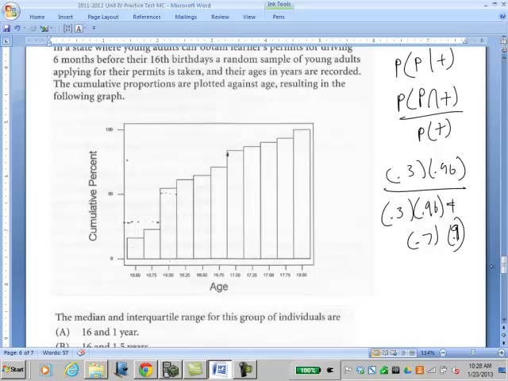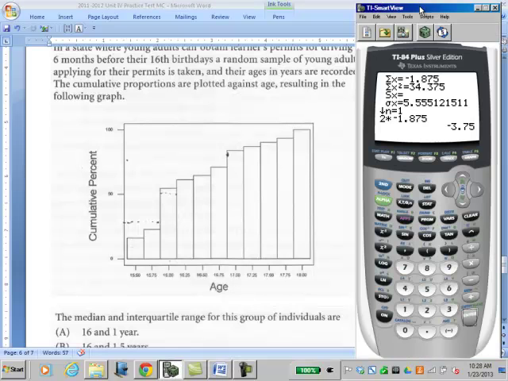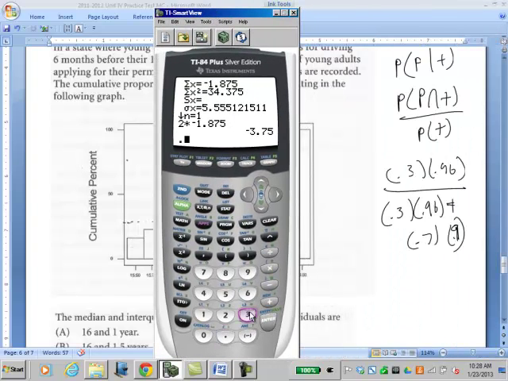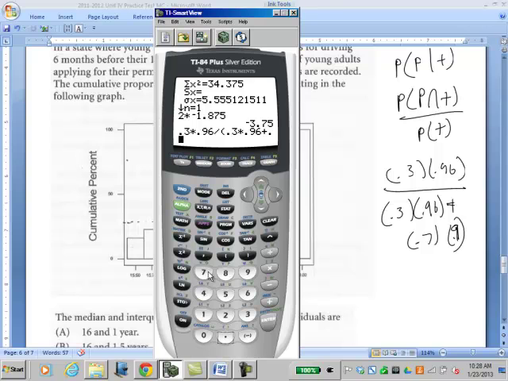Okay, so that's going to be 0.3 times 0.96 divided by 0.3 times 0.96 plus 0.7 times 0.1. The top is the probability that it's positive and pregnant, which is 0.3 times 0.96, over the probability that you got a positive test, which is 0.3 times 0.96 plus 0.7 times 0.1.